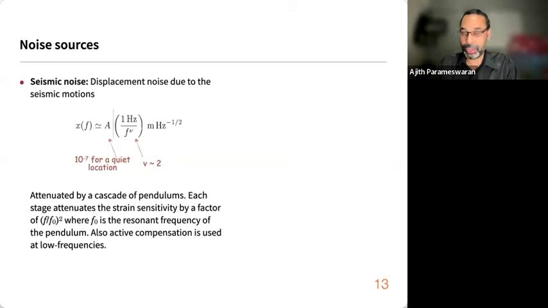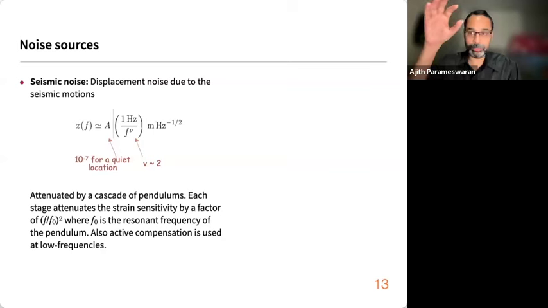There are ways of suppressing it for frequencies above about 1 hertz by suspending all these optics, like mirrors and beam splitters, as pendulums of multiple stages. A simple pendulum well above the resonant frequency suppresses these noises by a factor of 1 over f squared. And if you have a pendulum system of several stages, each stage will suppress the high frequency oscillations by a factor of f to the minus 2.